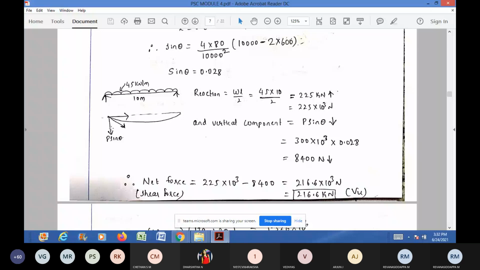Therefore 225 into 10 power 3 minus 8,400, you will get the net shear force at 0.6 meter from the support. If you do, you will get 216.6 into 10 power 3 Newton or 216.6 kilonewton.